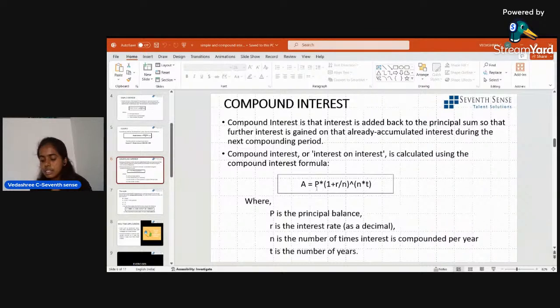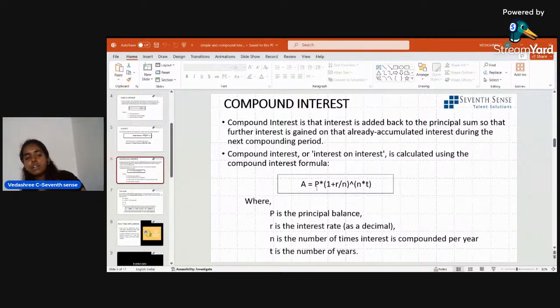In simple interest, N was considered as the time duration, but here N is the number of times the interest is compounded per year. Then T is the number of years, that is the time duration in years.